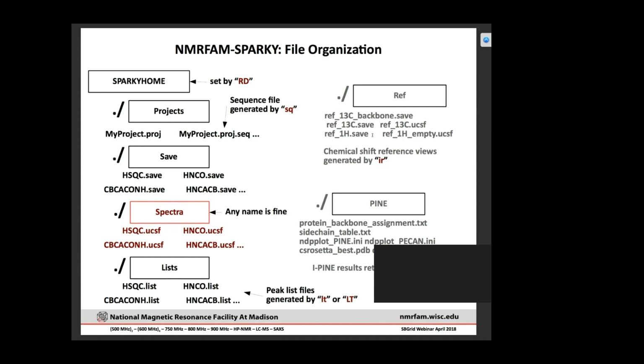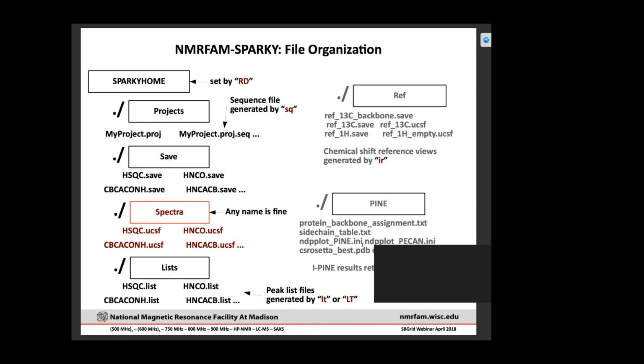It gives you synchronized cursors, so if you put your cursor on some chemical shift, you will see how probable a certain amino acid can be, or certain probabilities based on that chemical shift can be searched in that reference view. So this is the new feature that can be launched by typing IR.